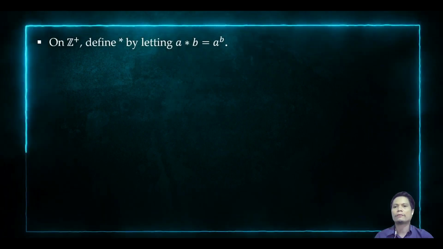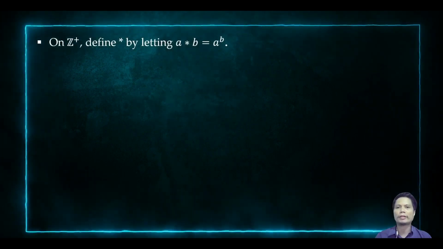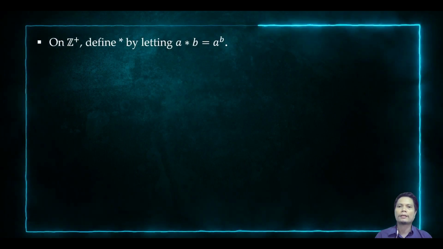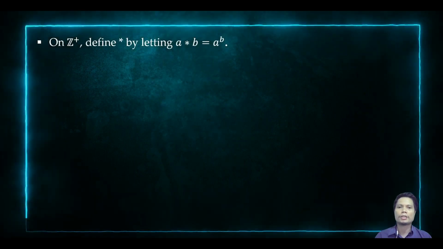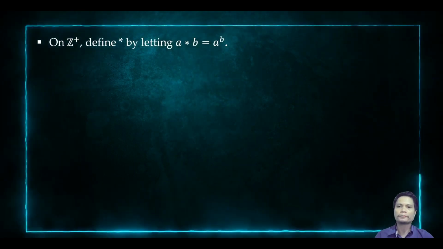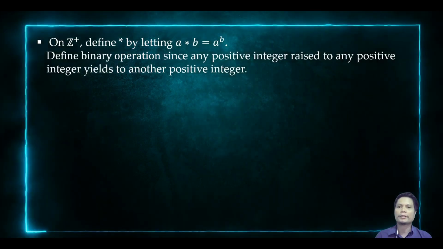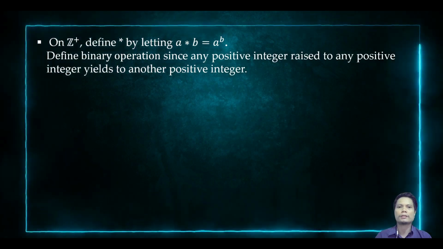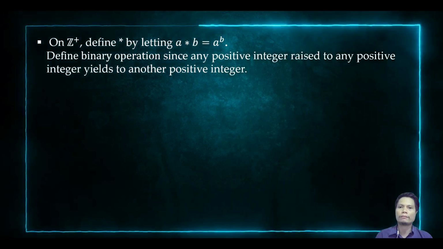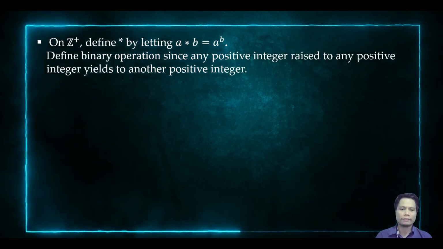On the set of positive integers, defined by letting a binary operation b is equal to a raised to b. Defined binary operation since any positive integer raised to any positive integer yields another positive integer.